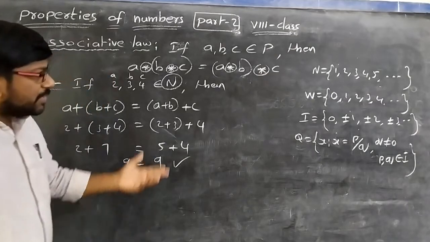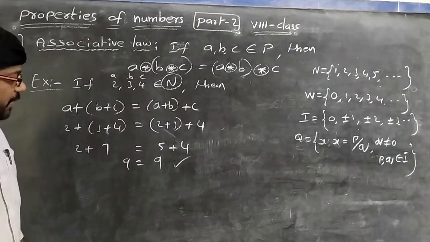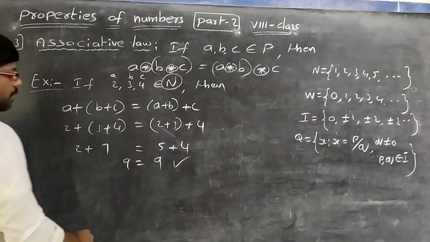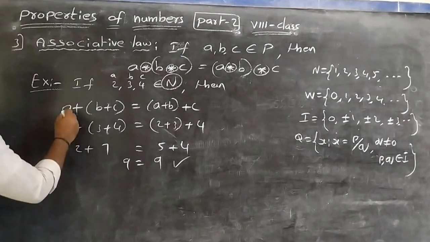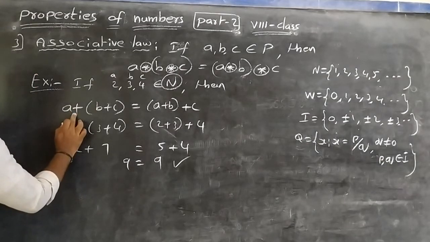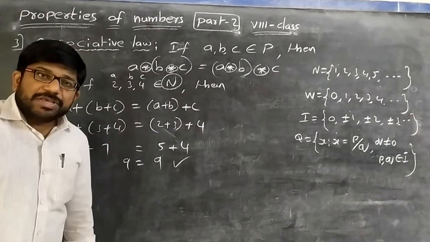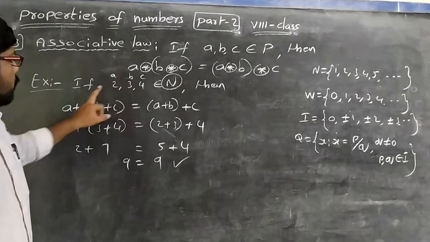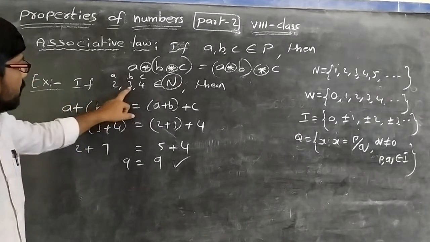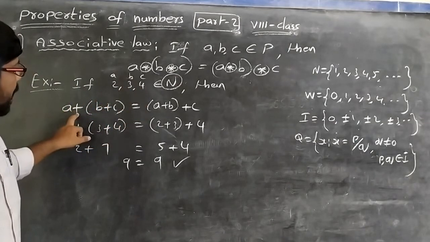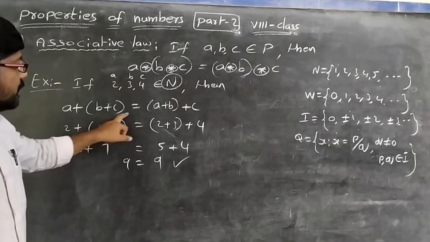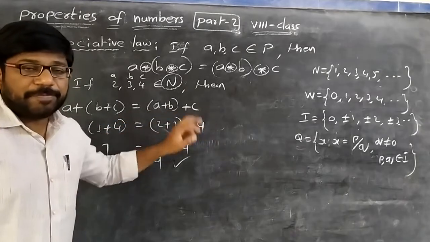Next, we take subtraction. Check subtraction: a minus b minus c. Here 2 minus (3 minus 4) is compared with (2 minus 3) minus 4.